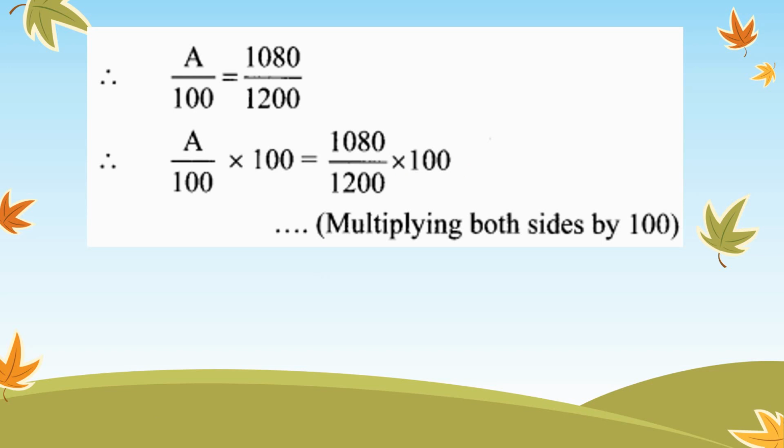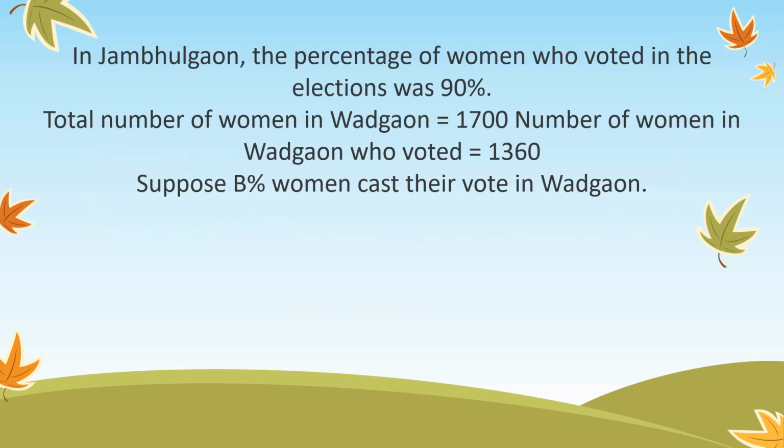Here this 100 and this 100 will get cancelled. So A is equal to 1080 multiplied by 100 upon 1200. So A is equal to, you will get 90%. In Zambulgaon, the percentage of women who voted in the election was 90%.